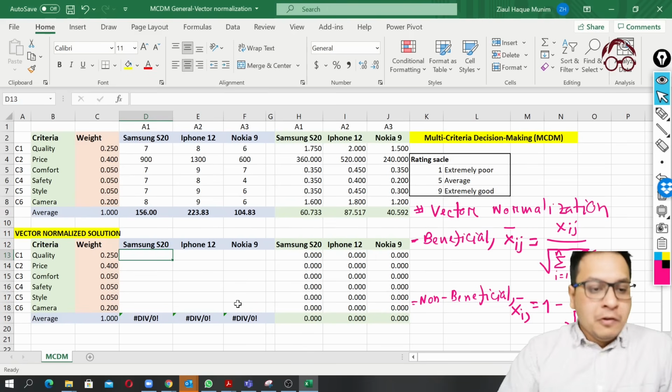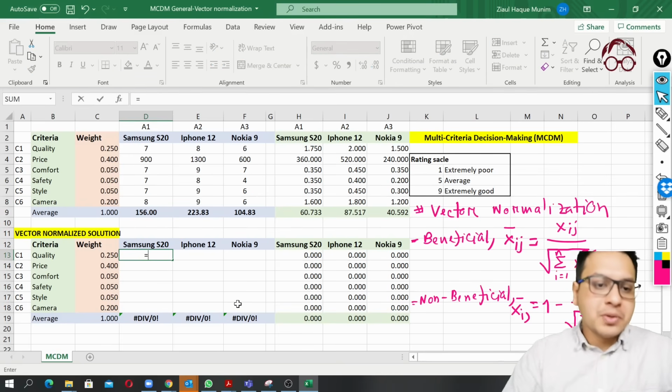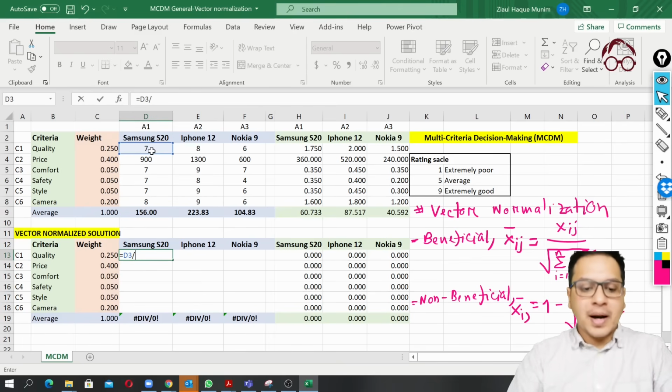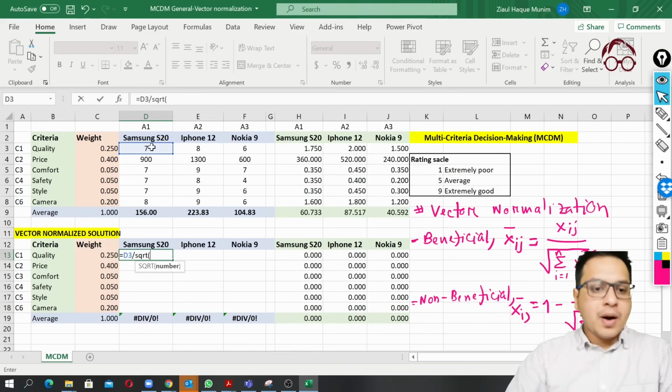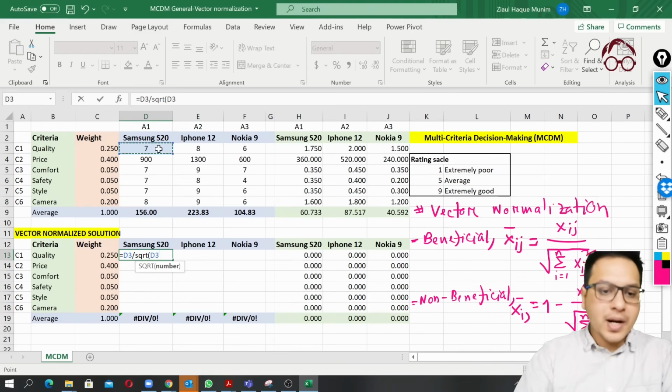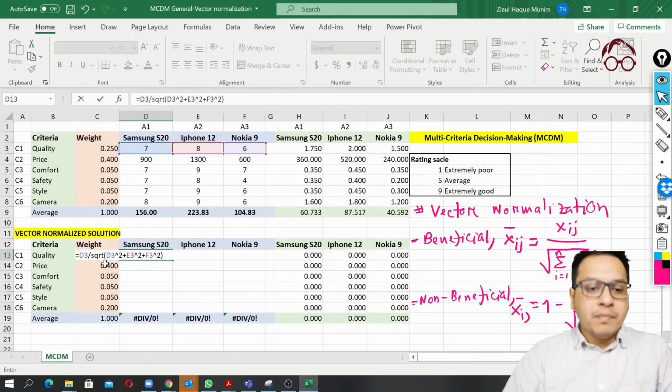First, we are going to apply the vector normalization to the quality criterion. To do that, we simply select this value, and this value has to be divided by the square root. So I'm going to type sqrt and start a bracket: the square root of this value squared plus the next value squared plus the next value squared. Adding the squared values indicates the summation symbol.